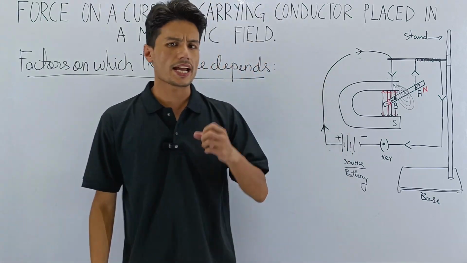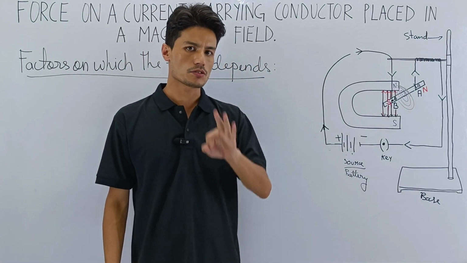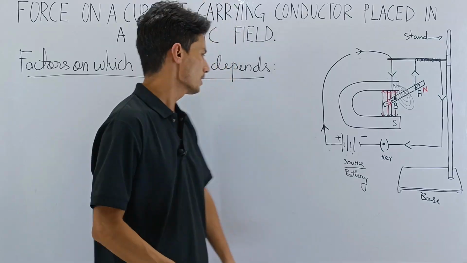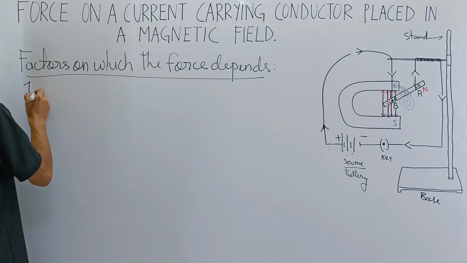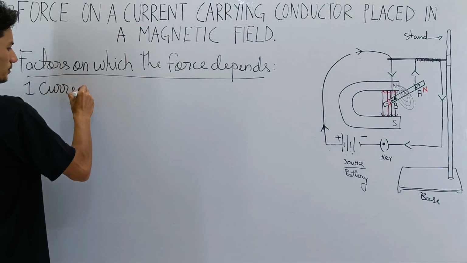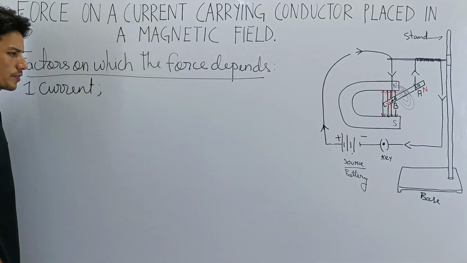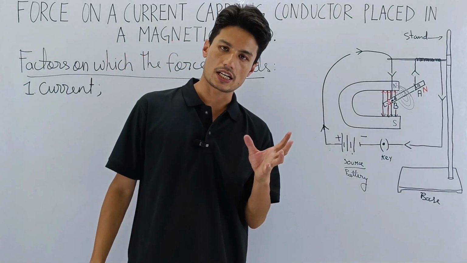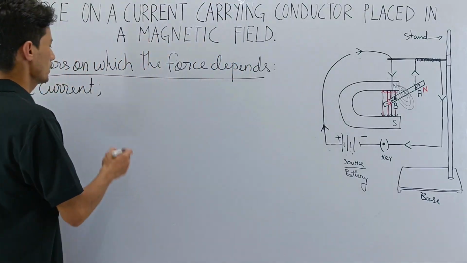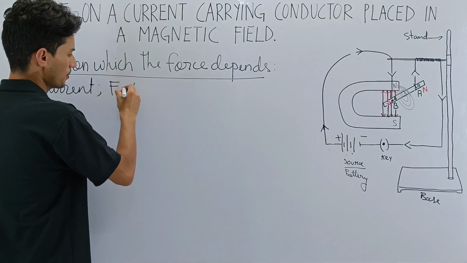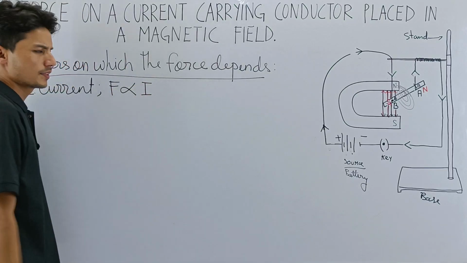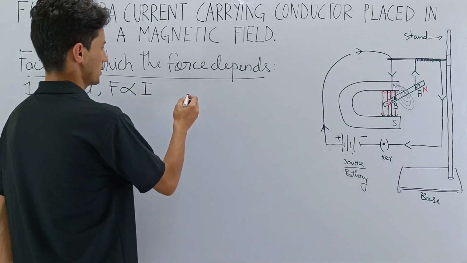The force which acts on the current carrying conductor depends on three factors. Let's study them one by one. So the first one is current. Now, what is the relationship between the force and the current? Remember this, my dear class, that force is directly proportional to current. What does it mean? It means this.